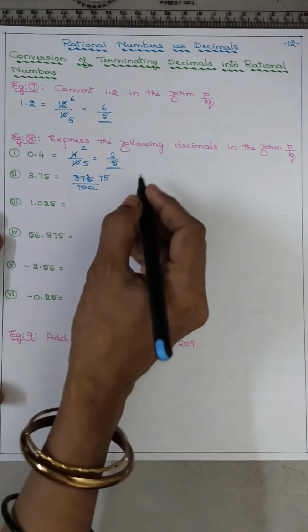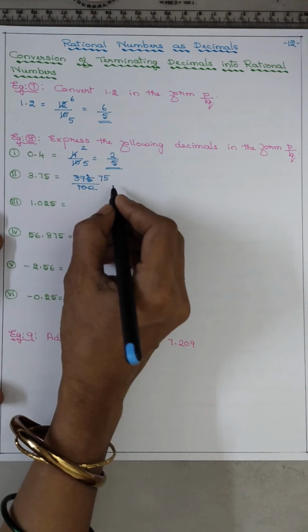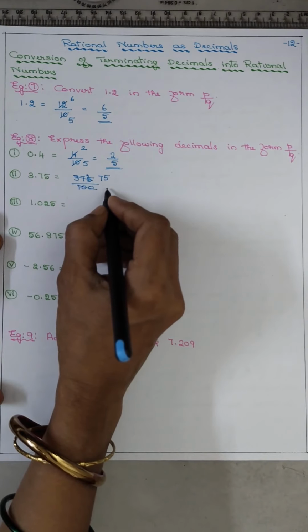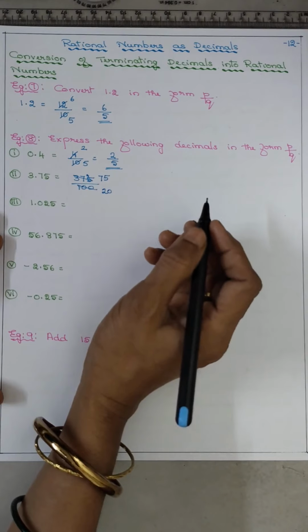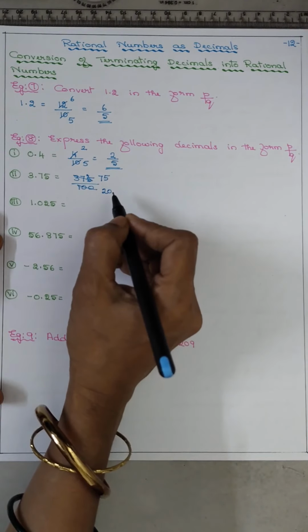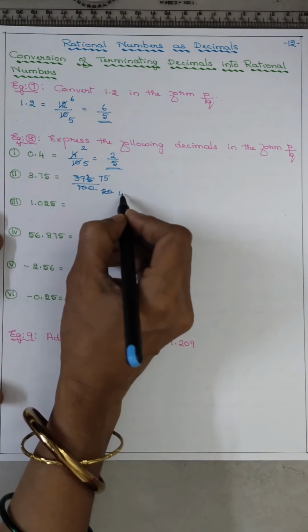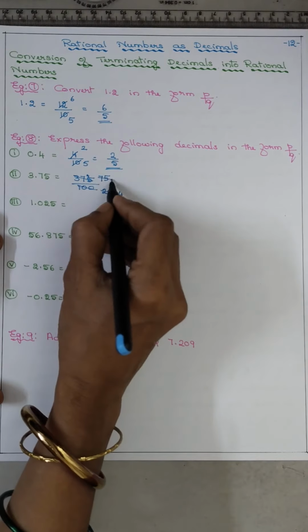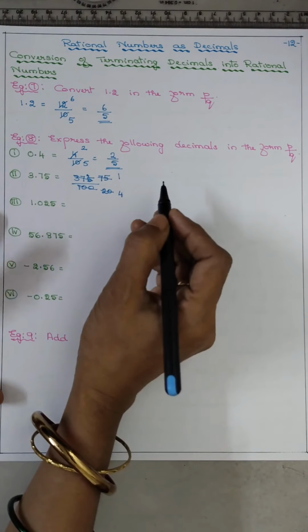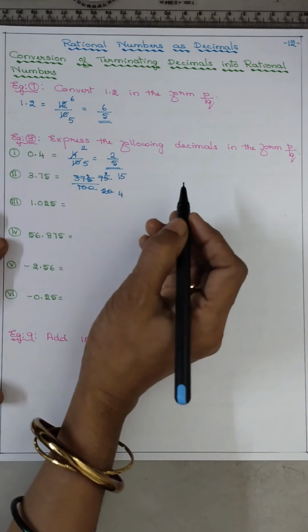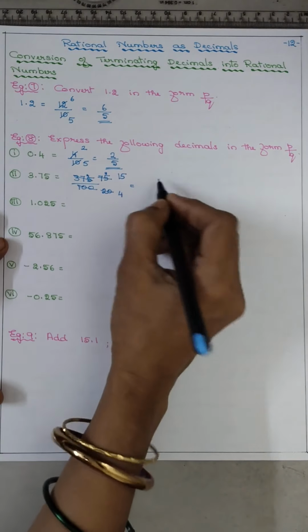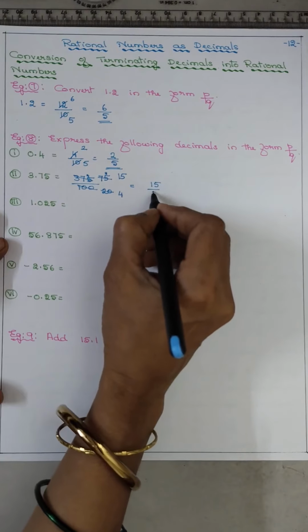Now 5, how much are 20? 5 4s are 20, 5 1s are 5. So you got 15 by 4.